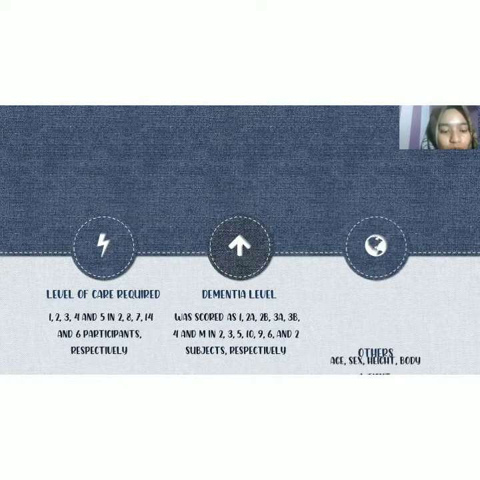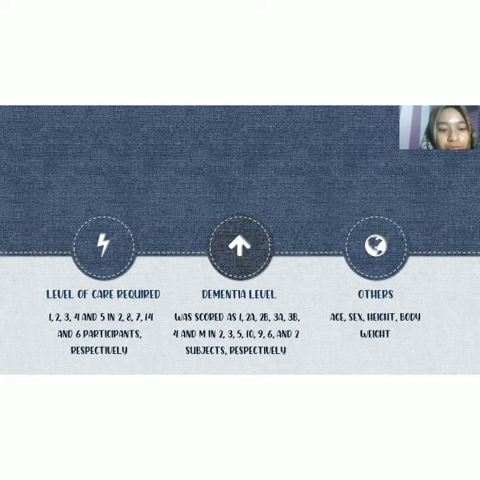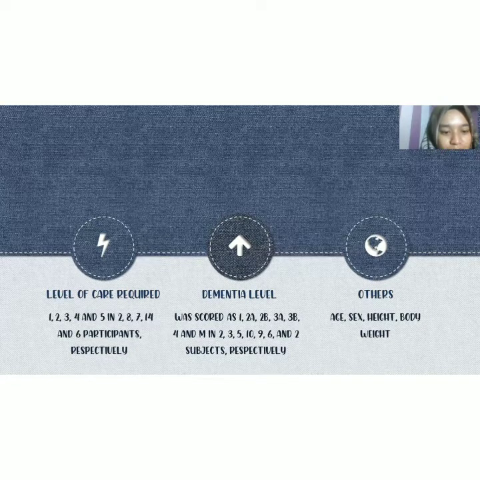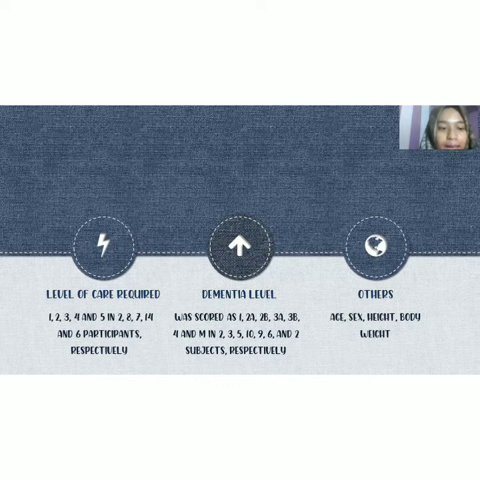The level of care required was scored as 1, 2, 3, 4, and 5 in 2, 8, 7, 14, and 6 participants respectively. And then the dementia level was scored as 1, 2A, 2B, 3A, 3B, 4, and M in 2, 3, 5, 10, 9, 6, and 2 subjects, respectively.